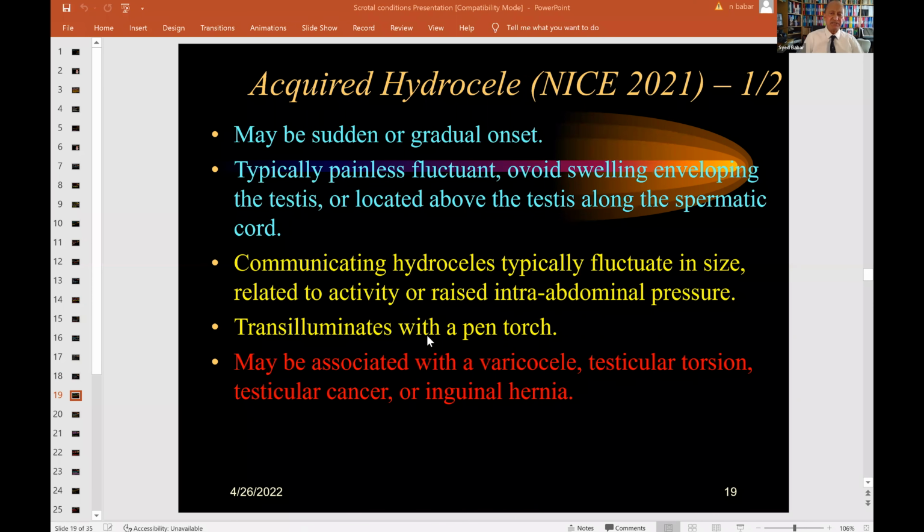Acquired hydrocele may be sudden or gradual onset. It's typically a painless, fluctuant ovoid swelling enveloping the testicles and or located above the testicle along the spermatic cord. Communicating hydroceles, which means that the patency is retained of the processus vaginalis, will lead to fluctuation in size relating to activity or raised intra-abdominal pressure, such as in coughing and sneezing, and it is transilluminatable.